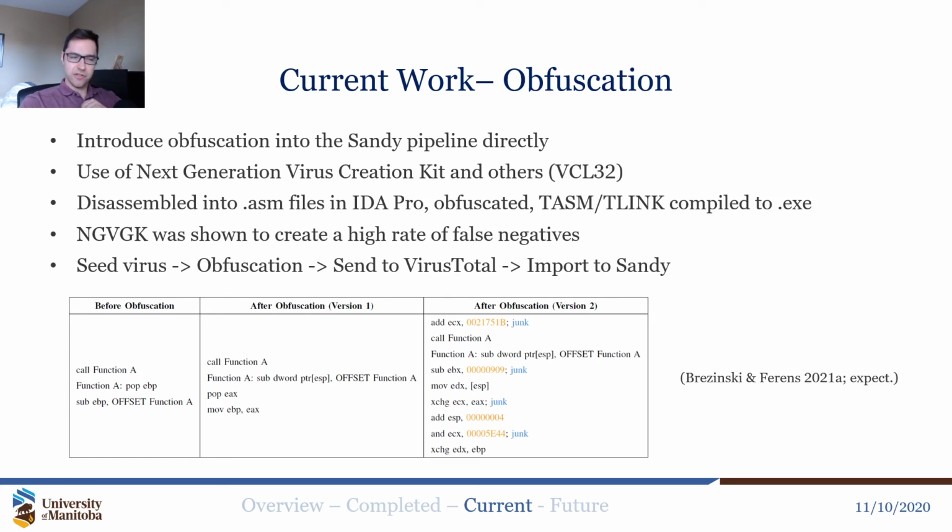So just as an illustration of how obfuscation looks, here at the bottom in this table we have a series of assembly instructions before obfuscation, and after two different versions of obfuscation.